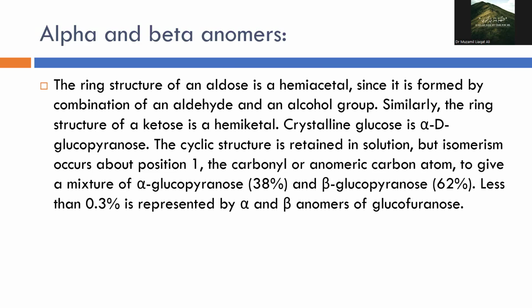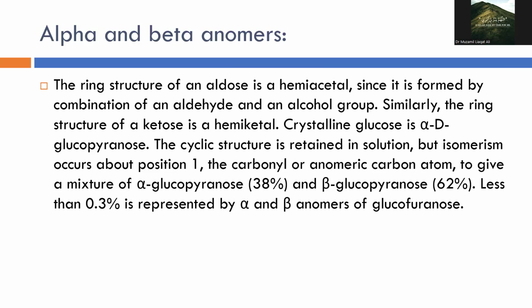In crystalline form, glucose is purely alpha-D-glucopyranose. In aqueous solution at equilibrium, approximately 38% is alpha-D-glucopyranose, while 62% is beta-D-glucopyranose, and less than 0.3% is in the furanose form.